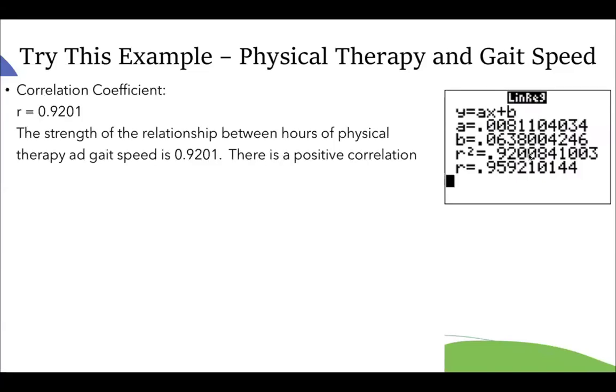Okay, so taking the correlation coefficient out, we have 0.9201. I'm sorry, that's wrong. Let's fix this. I took the wrong values out.